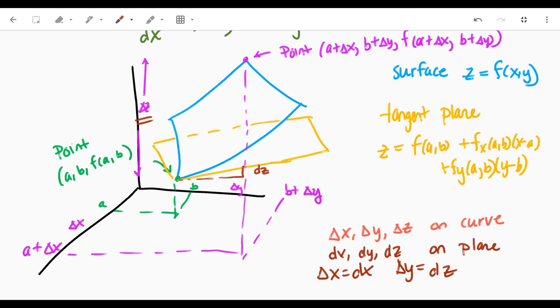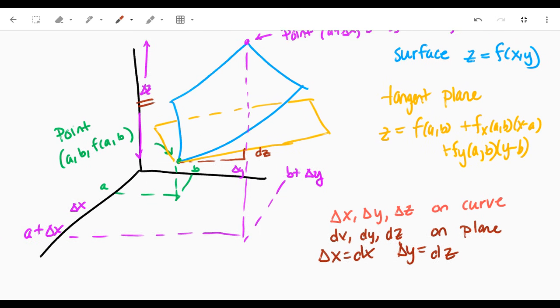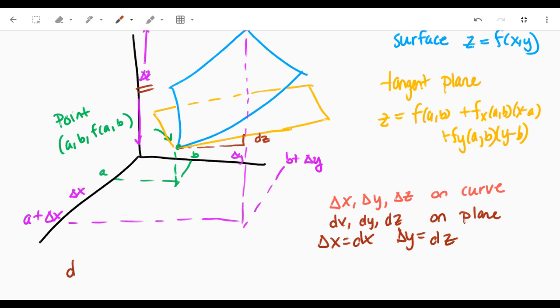Okay, so again, a lot of weird drawings and talking here, but we're going to get the basics out of here. dz is going to be partial z partial x times dx. Notice those are partials times dx. Okay, so along that plane we're thinking about that partial in x.